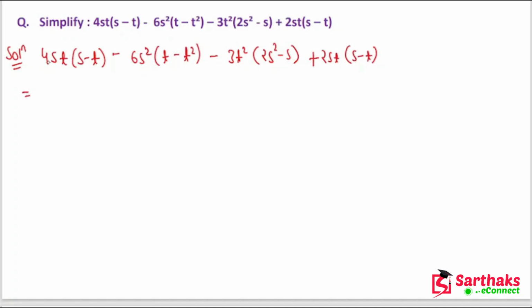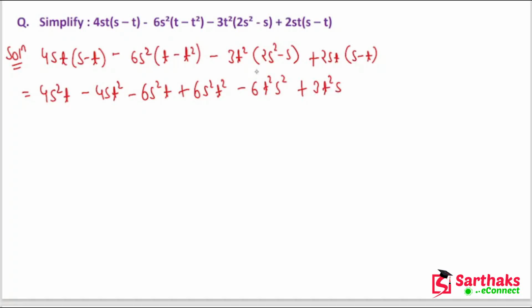So 4st, so it will be 4 s into s would be s square and t like this, minus 4s, t into t would be t square, minus 6 s square t, minus and minus would be plus, so 6 s square t square, minus 3 into 2 would be 6 t square s square, minus and minus would be plus, so it would be 3 t square s, right? Then plus and plus would be plus, so 2 s square t, and then it would be minus 2 s t square.